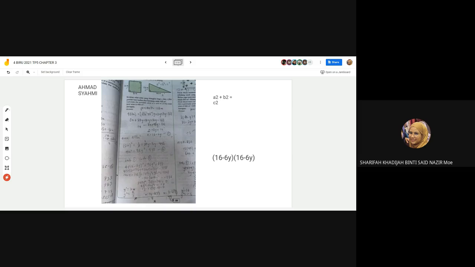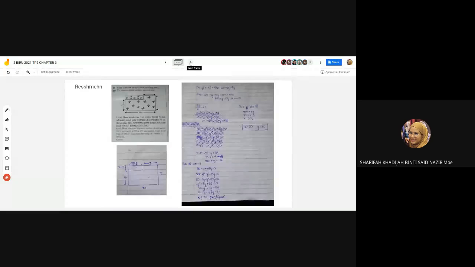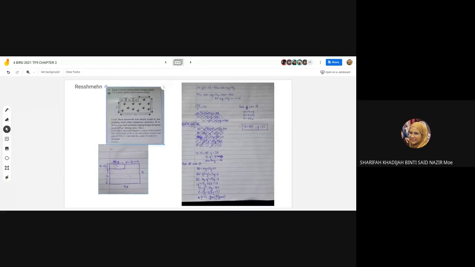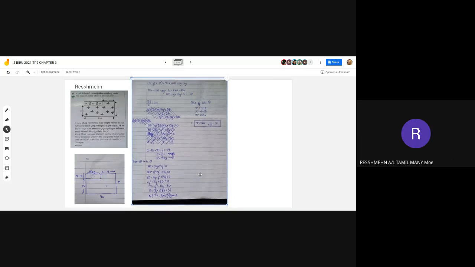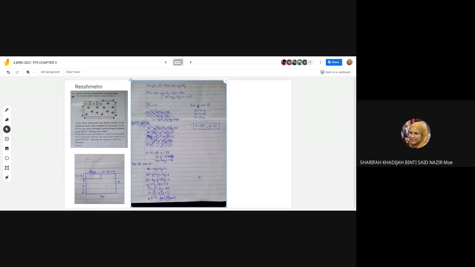Okay, next presenter. Freshman. Hello, freshman. Ada cikgu. Okay, saya besarkan sikit, tapi ni dah cukup besar dah ni. Okay, if you need to canting, you can use the white area yang belah kanan tu. Cikgu saya present lah.